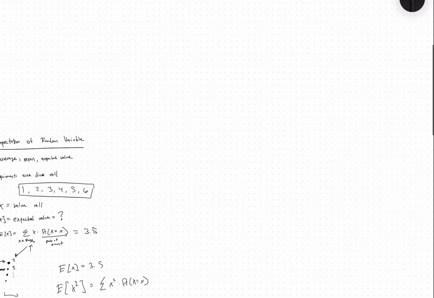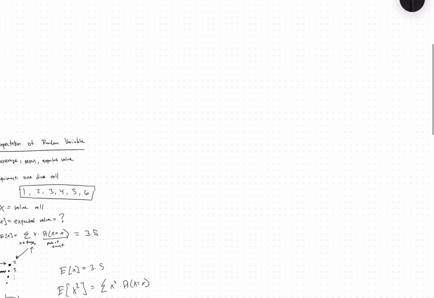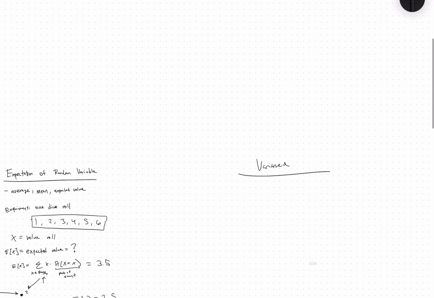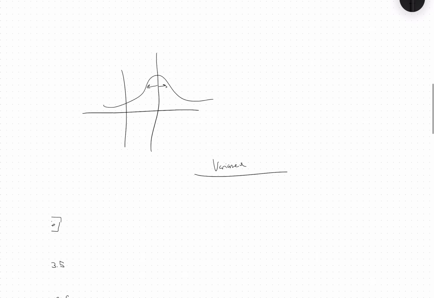Expectation goes hand in hand with this thing called variance. If we were to graph just a random variable, you've probably seen a distribution like this before, but we're going to get to it. The expectation is exactly the average, so it's just the value in the middle. And then the variance is sort of like how far away from the average the values are.